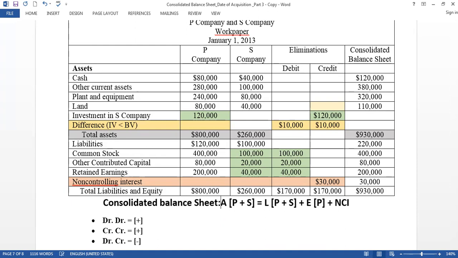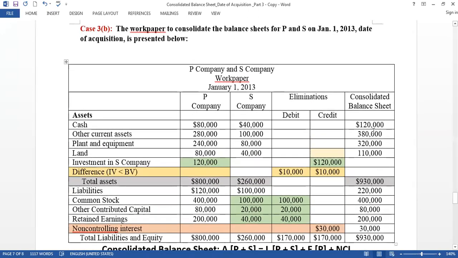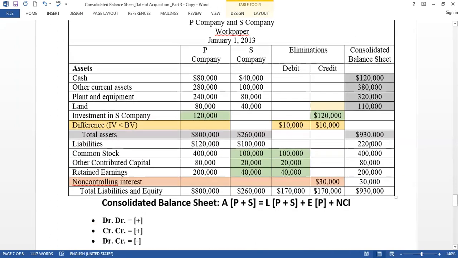This is the parent company's and subsidiary company's assets. This is the parent company's and subsidiary company's liabilities. This is the parent company's equity. We write non-controlling interest and this is the total amount.